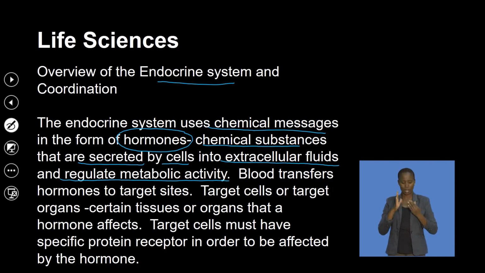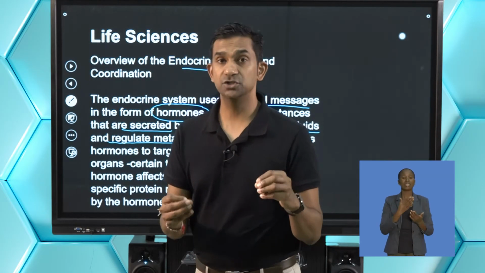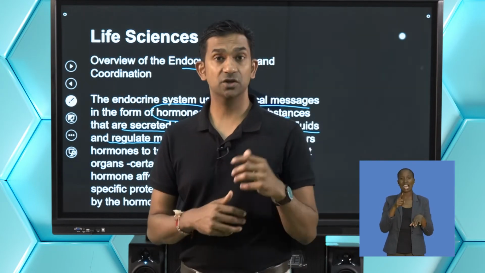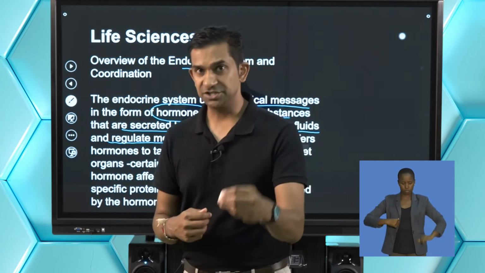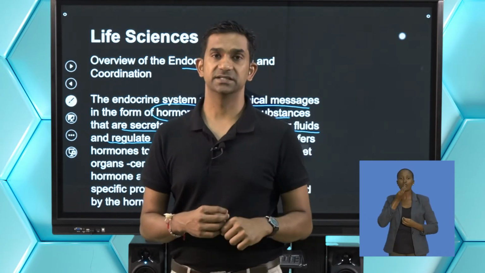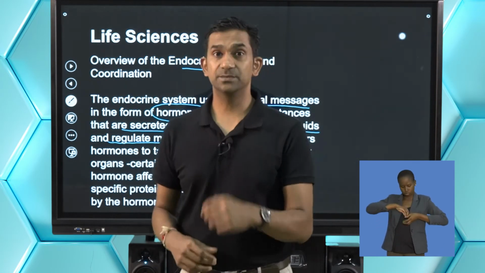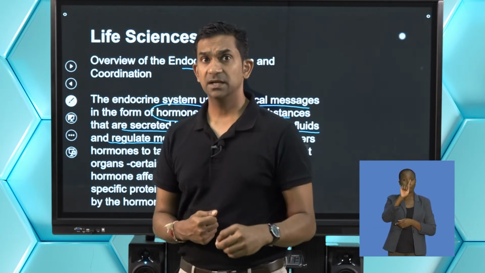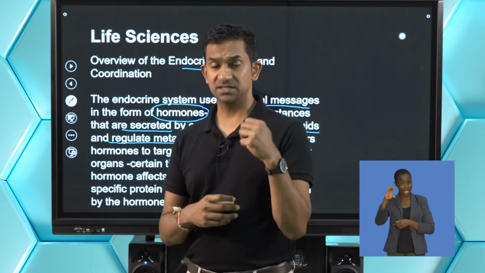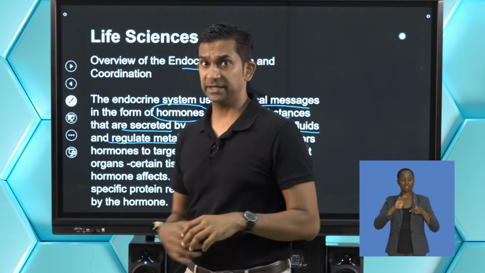Now, we've brought in the term metabolic activity. This essentially points to all the physiological processes that happen: respiration, digestion, enzyme activities. These are all metabolic processes. And many of these rely on enzymes, and many of these rely on the stimulation from endocrine glands.